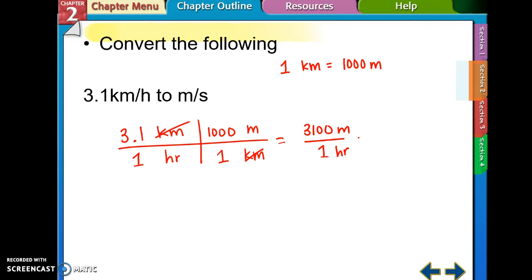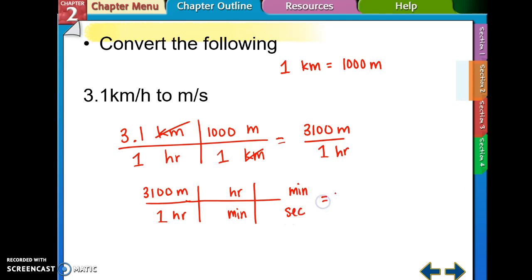So I'm going to take that answer, 3,100 meters per 1 hour, and set up a conversion: hours to minutes, and then minutes to seconds. I would put 1 hour with 60 minutes and 1 minute with 60 seconds.